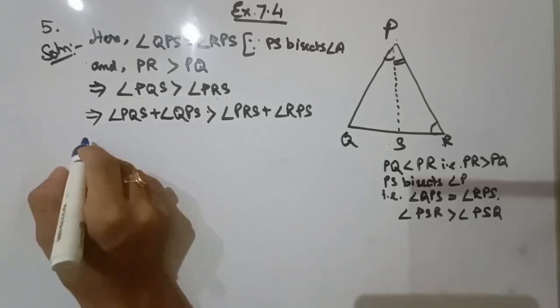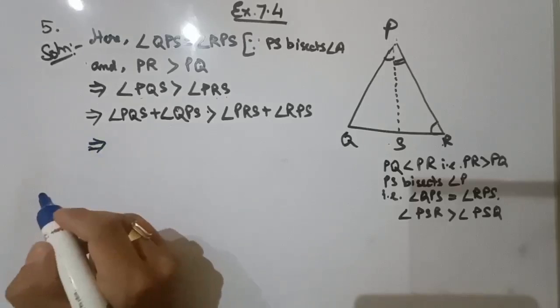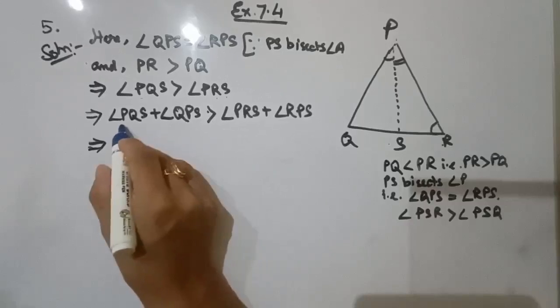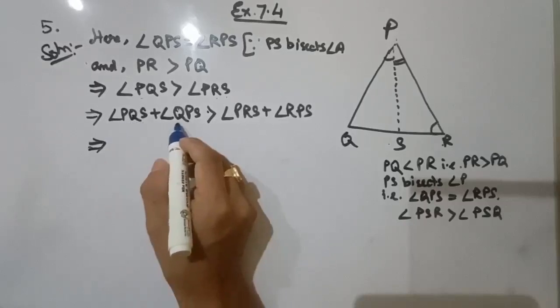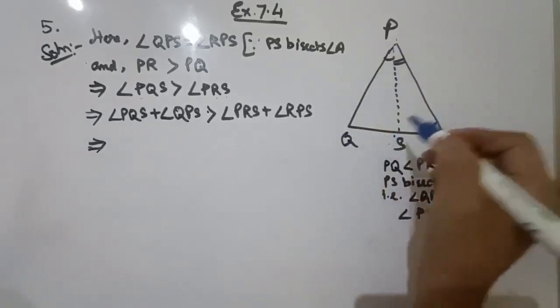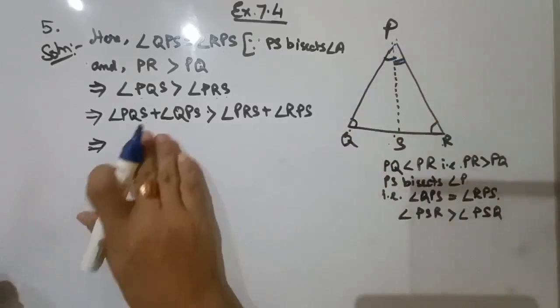Now let's see these two angles, that is angle PQS and angle QPS. These are the two angles we are adding.